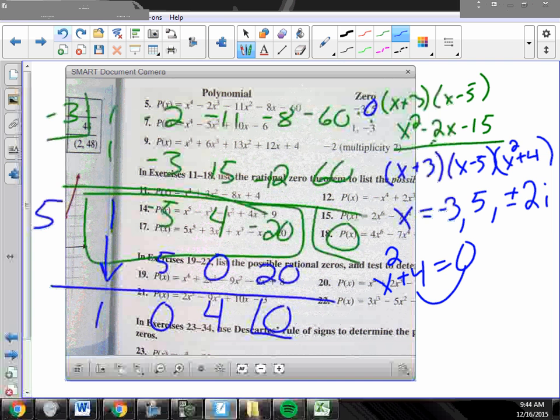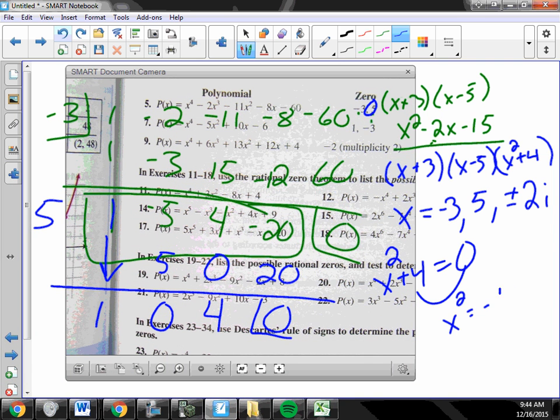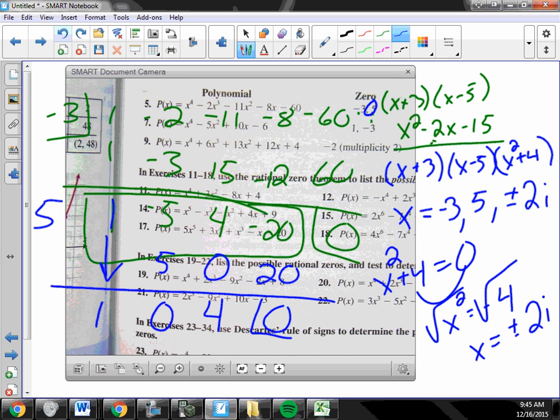Subtract the 4, and I get x squared equals -4. Square root, x equals plus or minus 2i. And hopefully that's as complicated as the imaginary roots go. If the people who wrote this book were intelligent, which I'm not saying they were, that's as complicated as the imaginary roots would be.